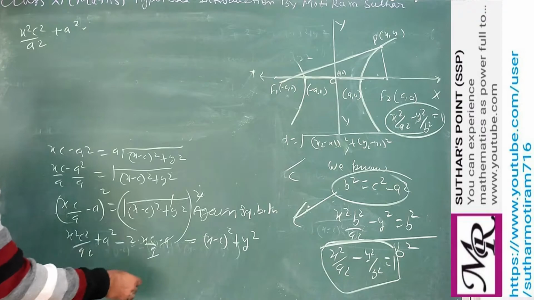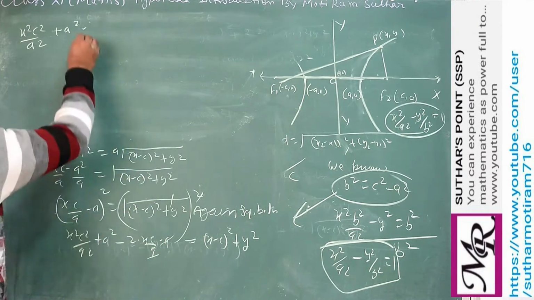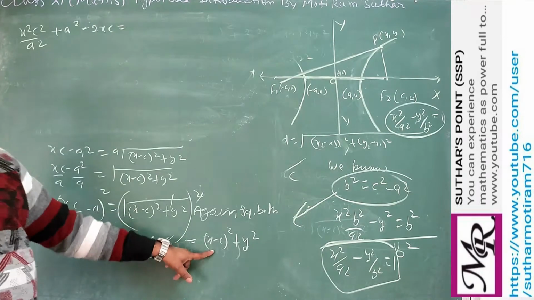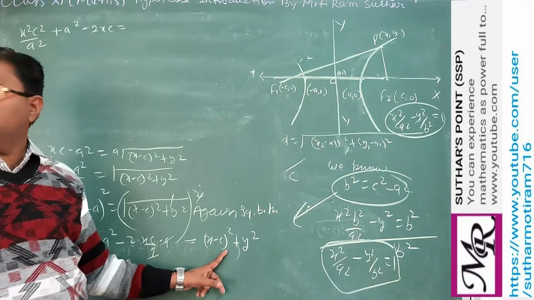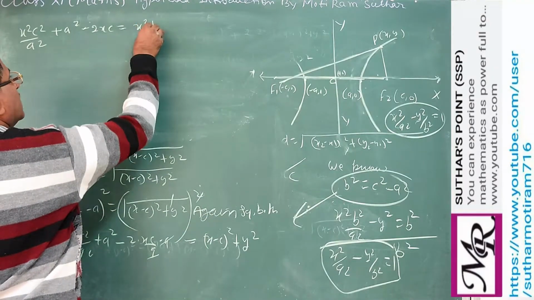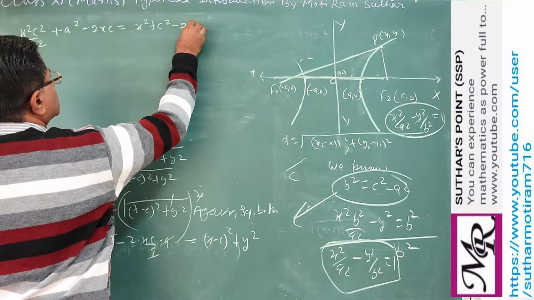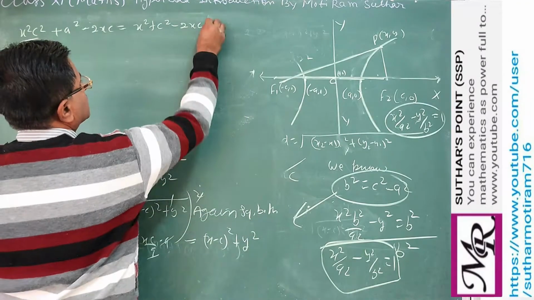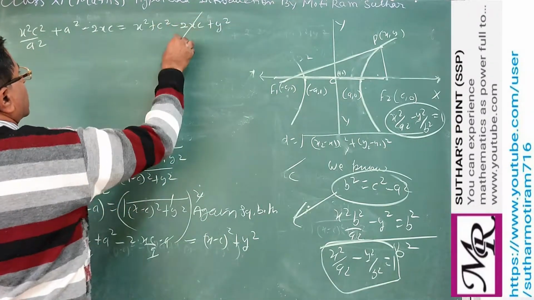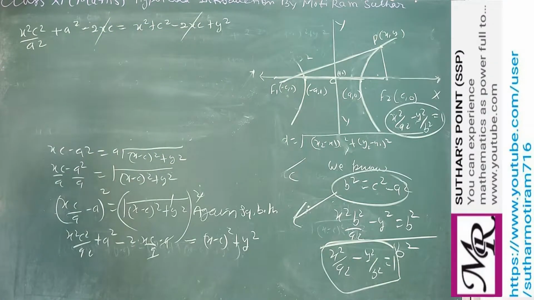Now this a and a cancel, divide one time, so minus 2xc. Now on the right hand side again we use the formula (a minus b) whole square. So a means x, so x square plus c square minus 2xc plus y square. Now similar terms on both sides cancel out, minus 2xc.